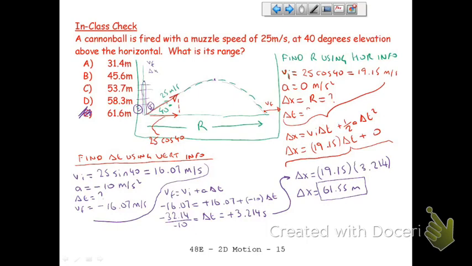Was there a question or a comment, Cohen? Why didn't the acceleration affect the final velocity? Where's my final velocity? Oh, you mean here? Right. It did. It took it from plus 16 meters per second to 8 meters per second to 0 meters per second to minus 8 meters per second to minus 16.